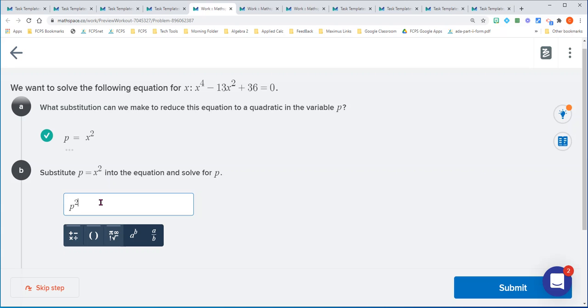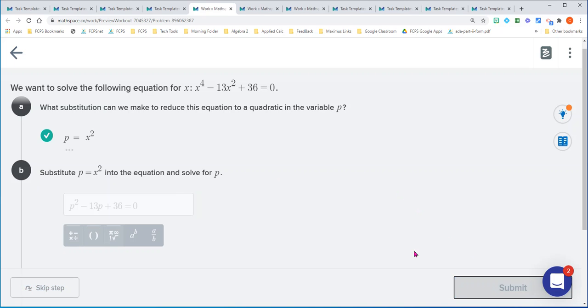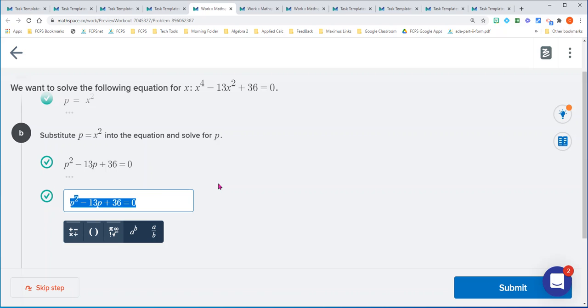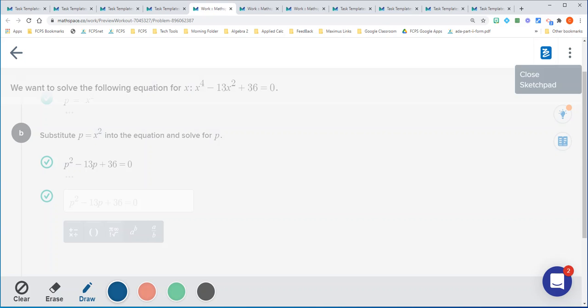Okay, p squared minus 13p plus 36. Sometimes it's important that you know what these directions mean. Okay, let's see. Substitute p equals into the equation and, oh, there it is, solve for p.